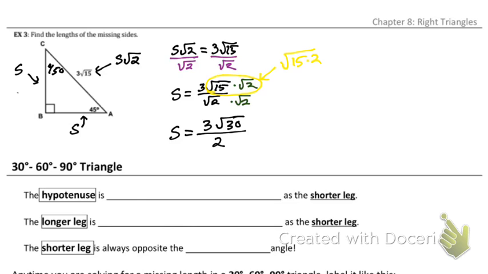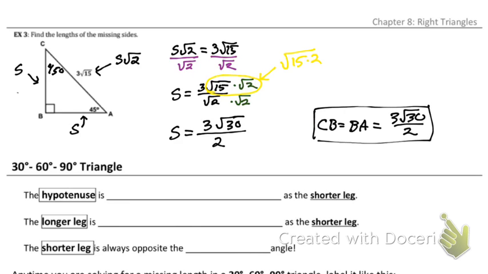Now I can say that CB is equal to BA, and they all equal 3 square root of 30 divided by 2. And you're done. You okay with that one?